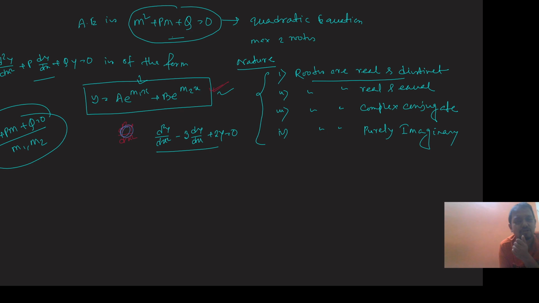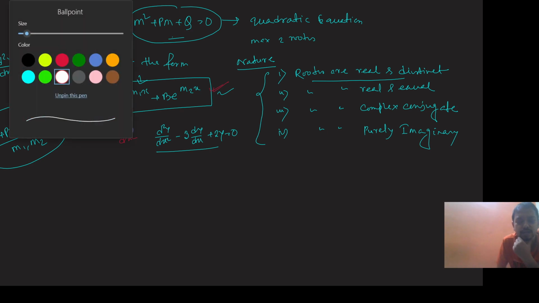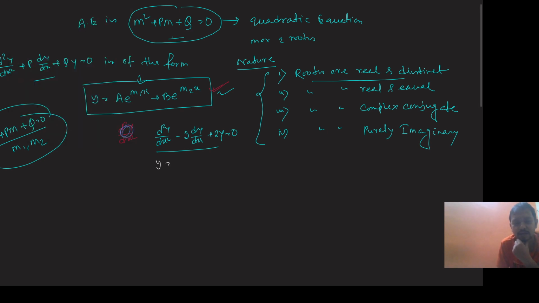Then its solution is of the form where we take y equal to e to the power mx as the trial solution. Then we will find dy/dx and d²y/dx², and we will get m e to the power mx and m squared e to the power mx.